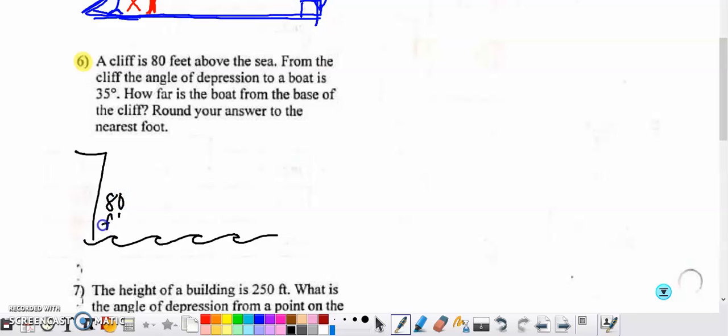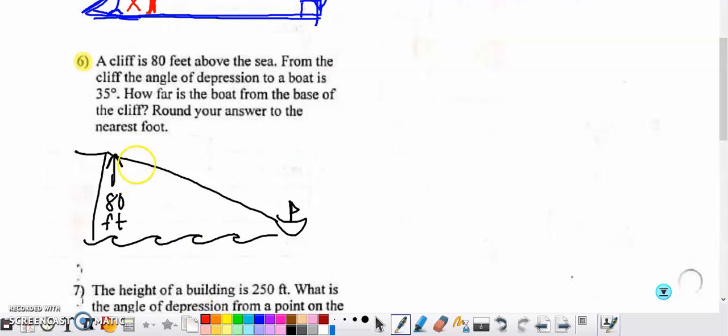Right, the last example we're going to do together is number 6. You have a cliff. This cliff is 80 feet above the sea. So here's your cliff. Here's the sea. We have 80 feet to the top there. From the cliff, the angle of depression to a boat is 35 degrees.